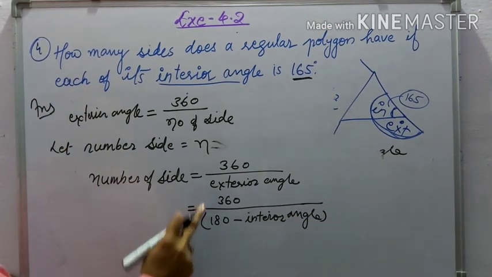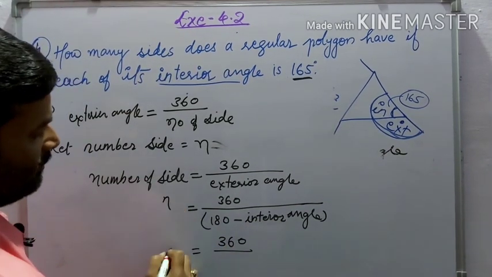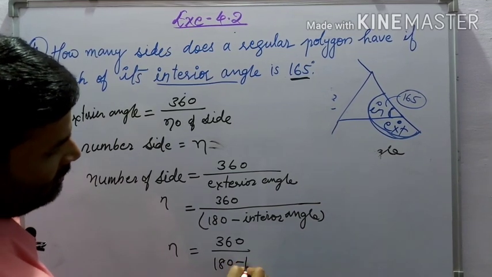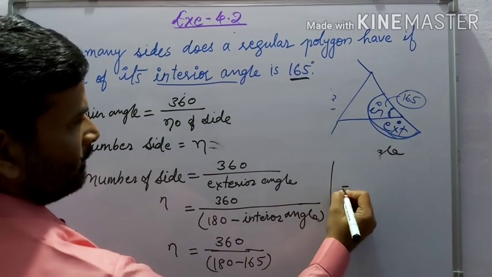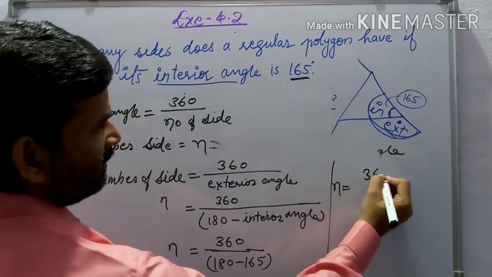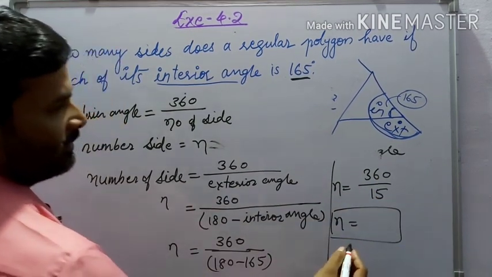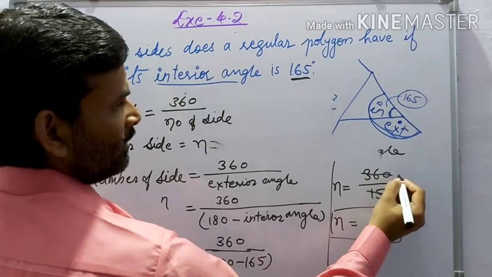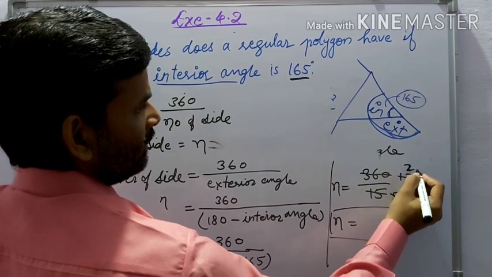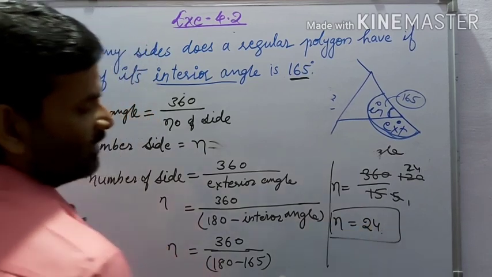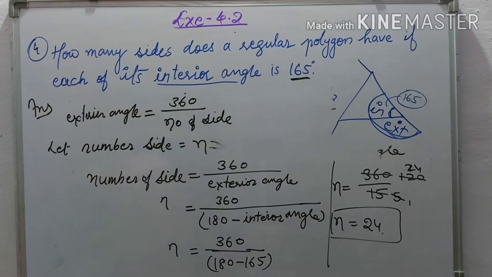The exterior angle is 180 minus the interior angle, so n is 360 upon 180 minus 165. Then n is equal to 360 upon 15, and after division, 24. It means the number of sides of the given polygon whose interior angle is 165 is 24.